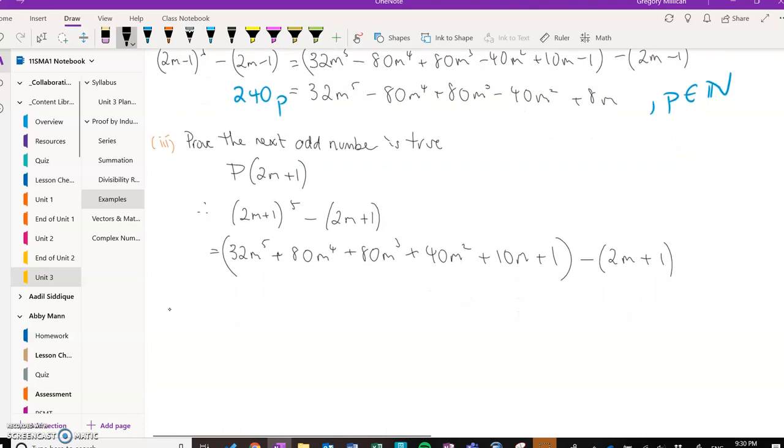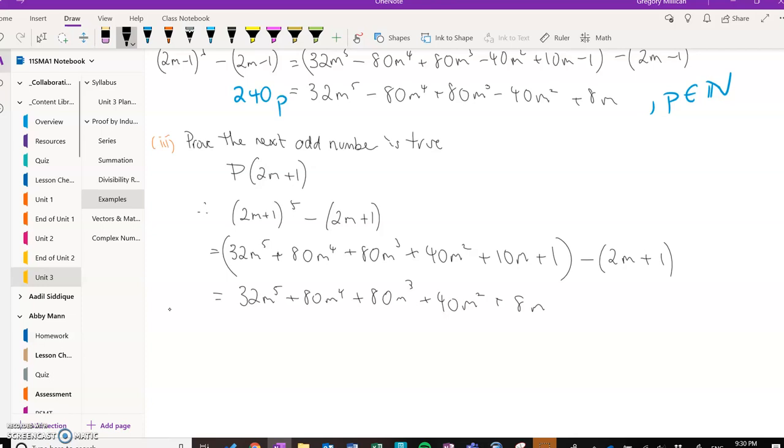Okay, so we're going to tidy that up. So that's going to be 32m^5 plus 80m^4 plus 80m^3 plus 40m^2 plus 10m minus 2m, which is 8m. 1 minus 1 is 0, so it drops off again.